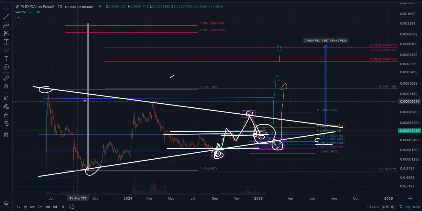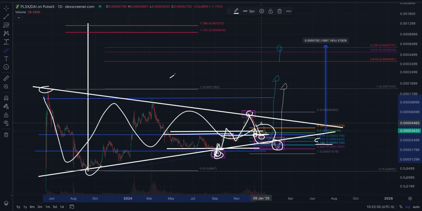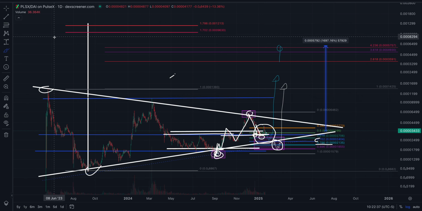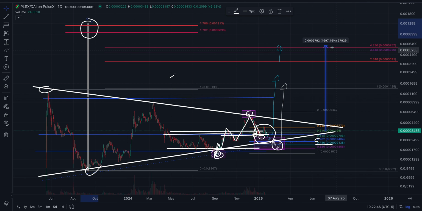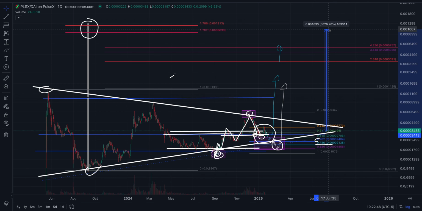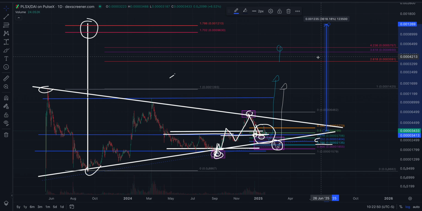And then let's say we were to just take this whole range and then flip it on its head. It would take us to here at the measured technical target sitting at around 3096 and 2012. So that would be a nice 28 to 36x.